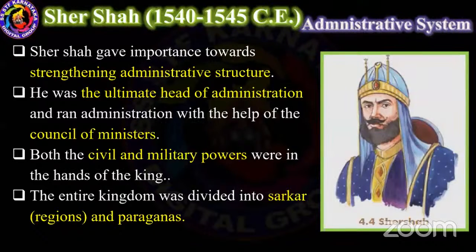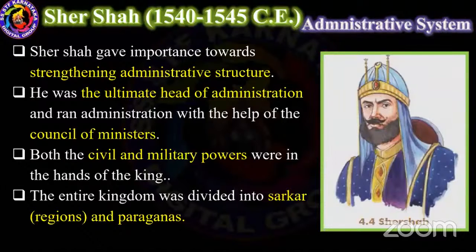Nowadays, the country is divided into states, states into districts, districts into taluks, taluks into hoblis, and hoblis into gramas, villages. Like that, to carry on the administration smoothly and to provide better services, Sher Shah Suri divided the entire kingdom.